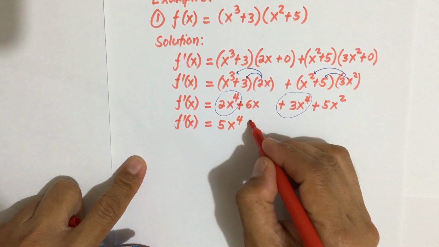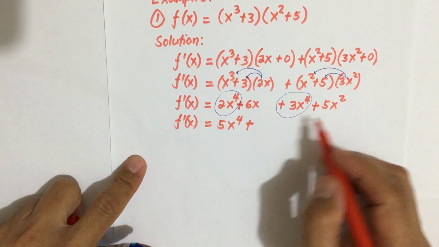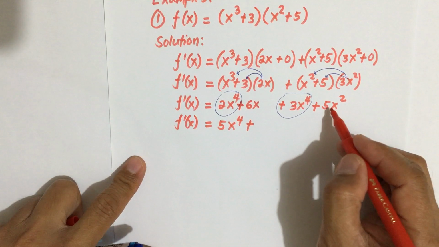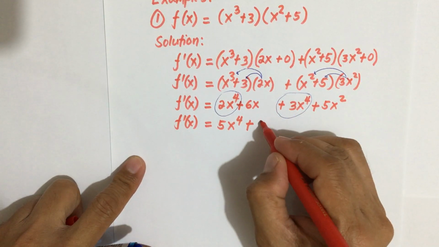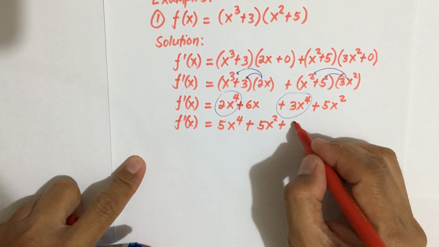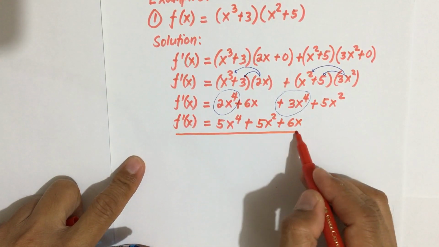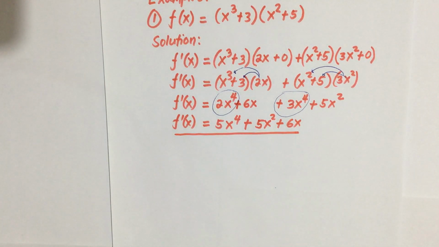Then let's arrange the terms in descending power of x. So we start with this one, 5x to the fourth, followed by 5x squared, then plus this 6x. So this is our answer. This is the derivative of the product of the given functions.